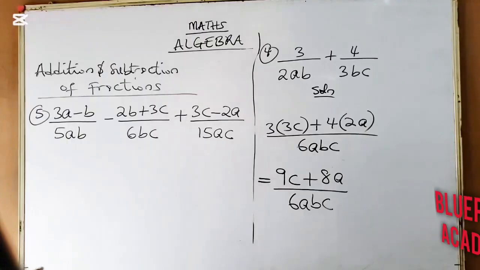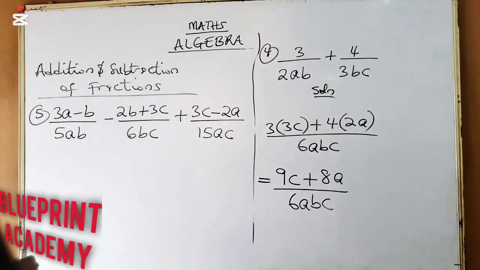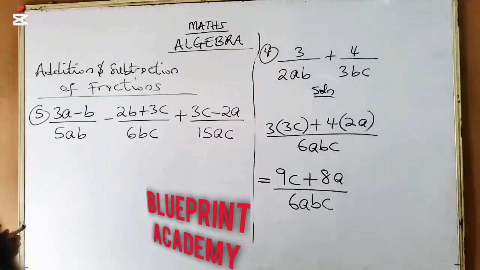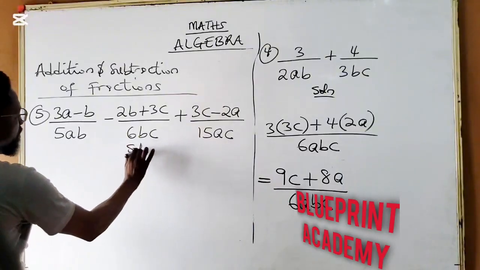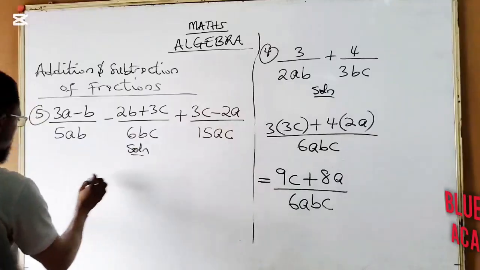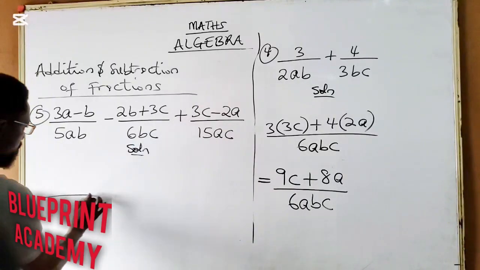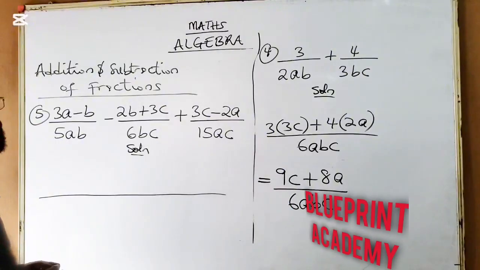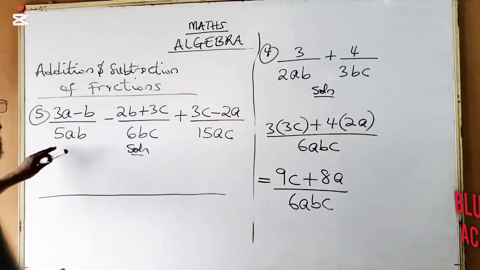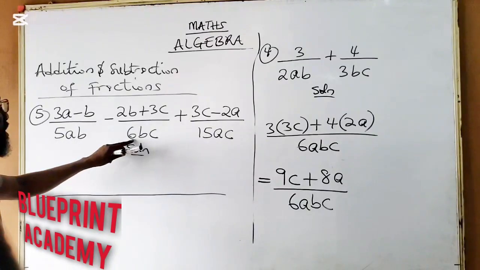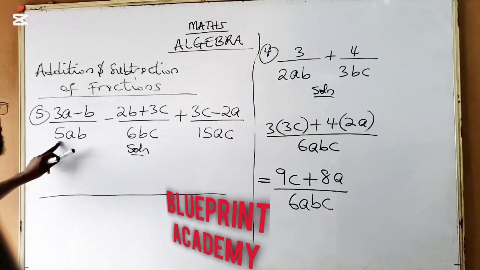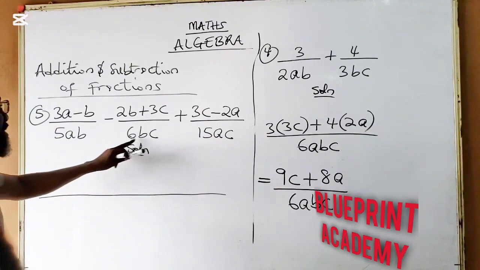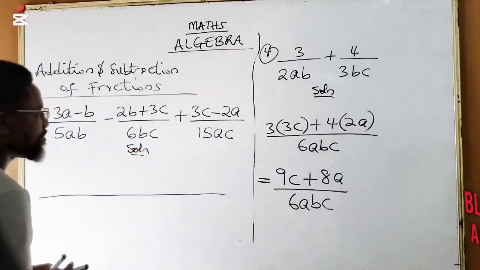Now, if you take a look at this, we need to find what is common to everything here that we can use as the LCM. It's quite different now because we have 3 fractions, unlike what we have been doing so far, where we had 2. The first thing I'll pick is the number, let's say 5 times 6 will give us 30. 30 can be divided by 5, by 6, and by 15.